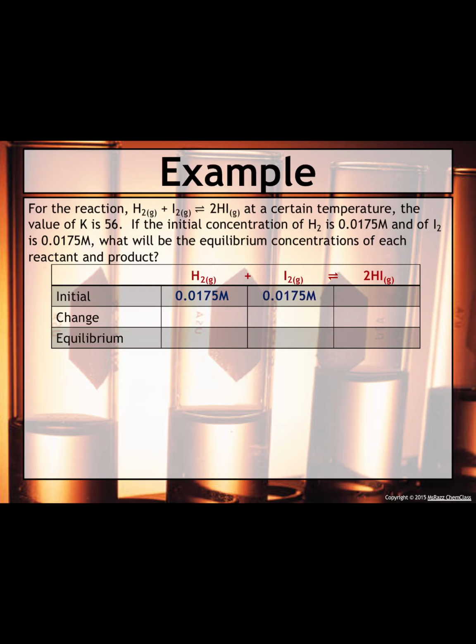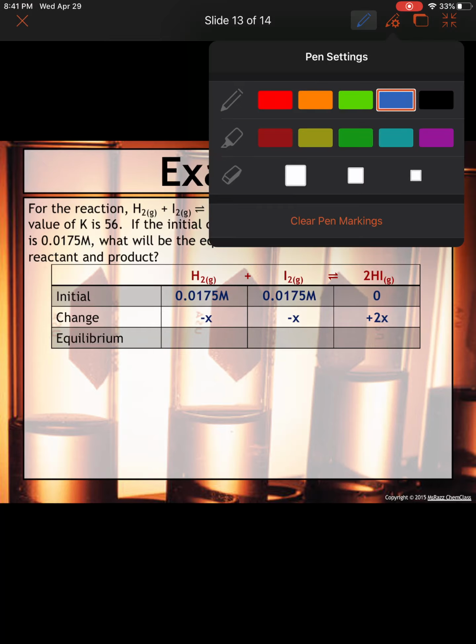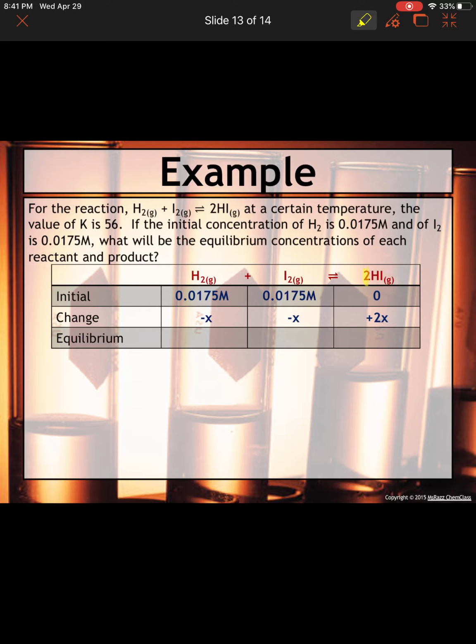Okay, so my initial is what is given to me, 0.0175, and the initial concentration of my product is 0 at the start of this reaction. So my reactants are decreasing by some value x, and my product is increasing by some value 2x. So this 2 comes from the coefficient 2.